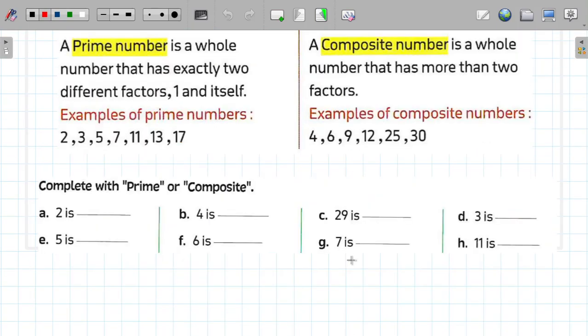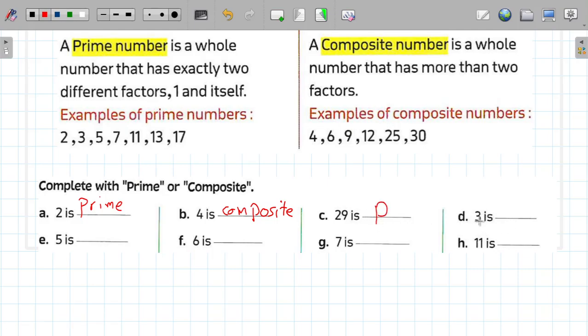Okay, so if I have numbers like this and I want to know the difference between prime and composite. Okay, so 2 as an example is prime or composite? 2 is prime, okay, because it has two factors. 4 is composite because it has 3 factors. Okay, 29 is prime because it has 2 factors.